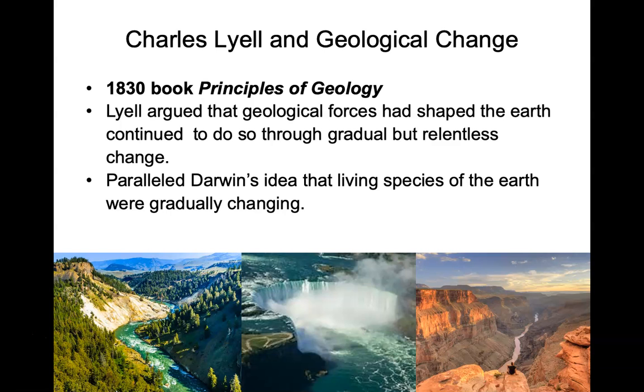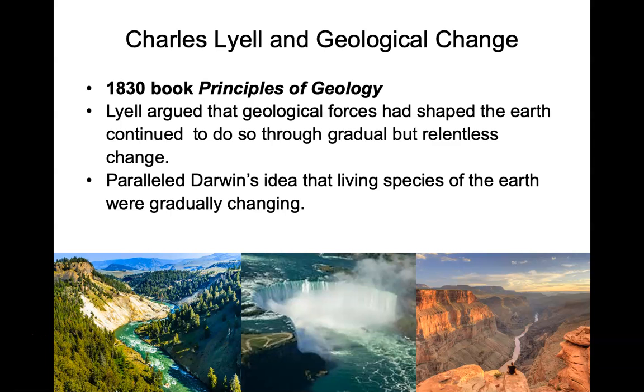So they were formed gradually, and they were continuing to form. And this was important for Darwin for a couple of reasons. One, this idea that there was a gradual formation of these massive geological formations and geological shapes meant that the Earth had to be older than they previously thought.